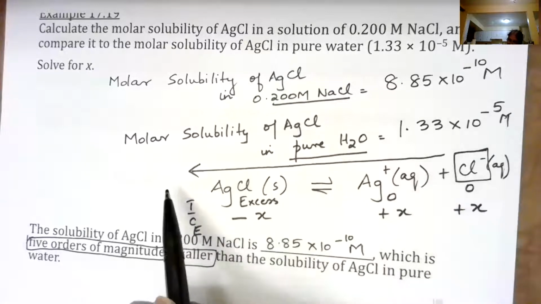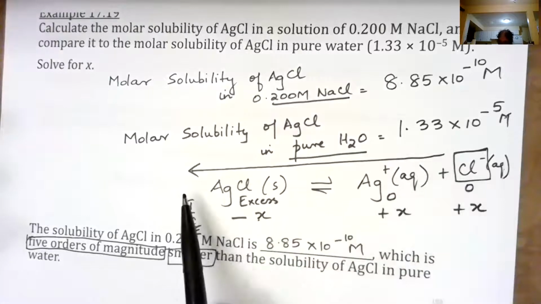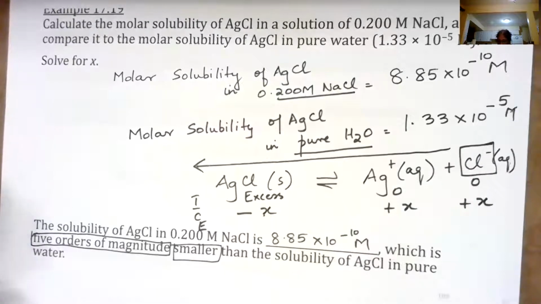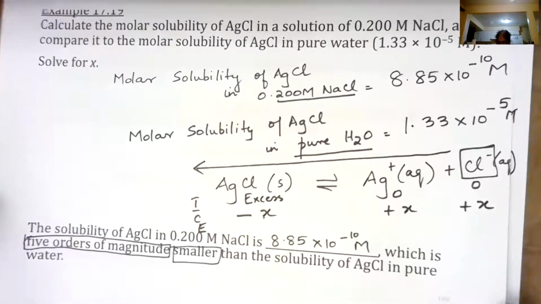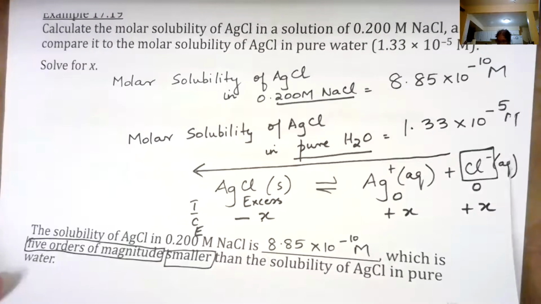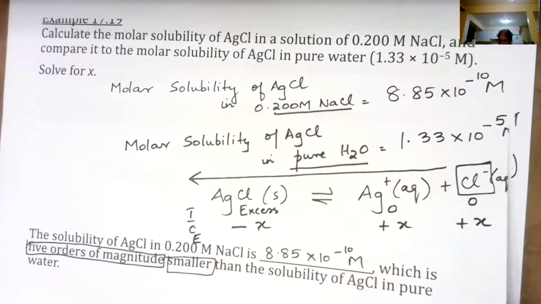It suppresses the dissociation. When you add a common ion, the value of x becomes smaller because it's pushing the equilibrium to the left-hand side. I hope you understand that. I wanted to clarify this point, and therefore an extra slide and more time in part 2 of the video.